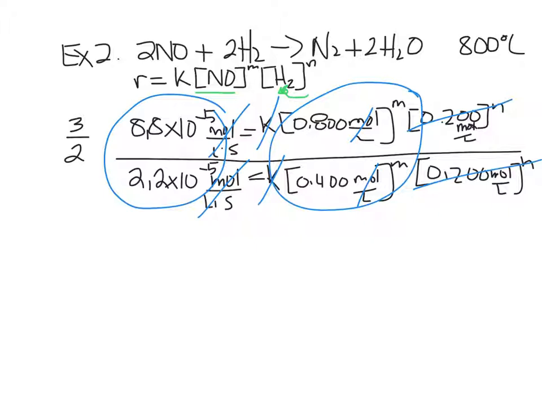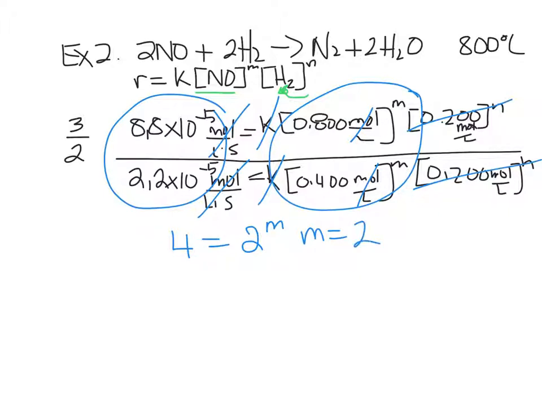So 8.8 divided by 2.2 is 4, and 0.8 divided by 0.4 is 2 to the exponent m. So m is 2.